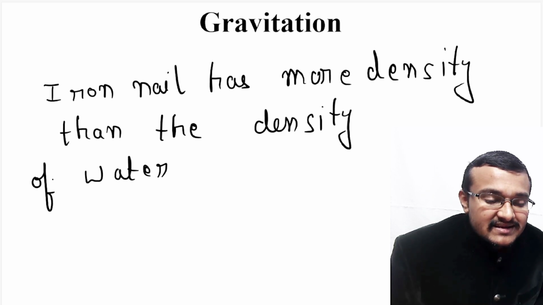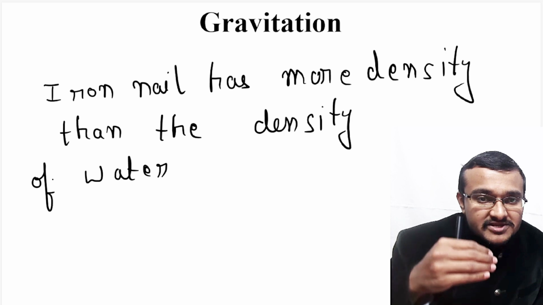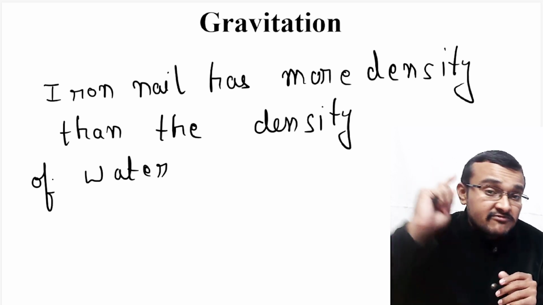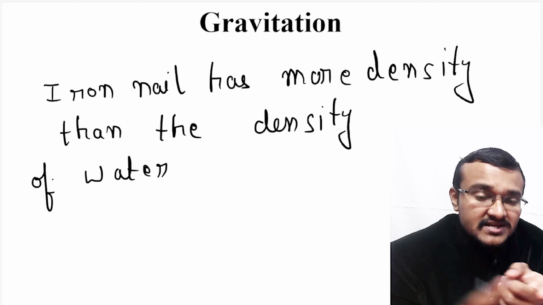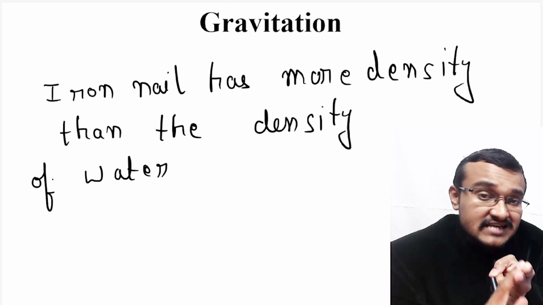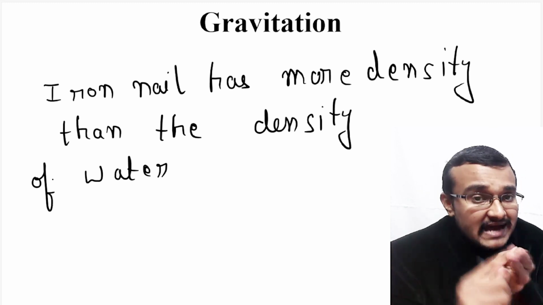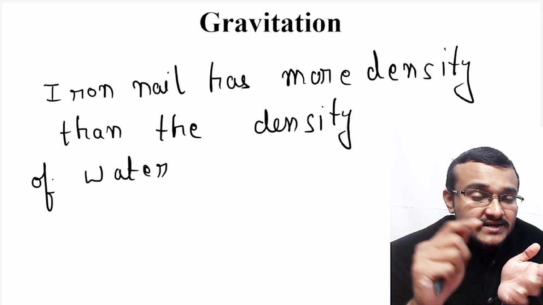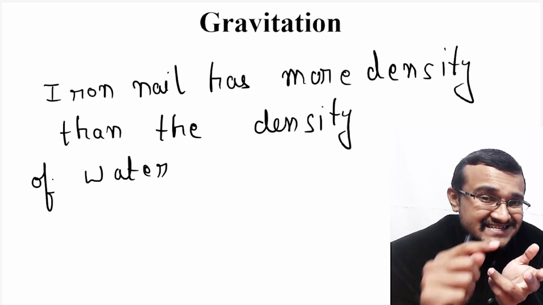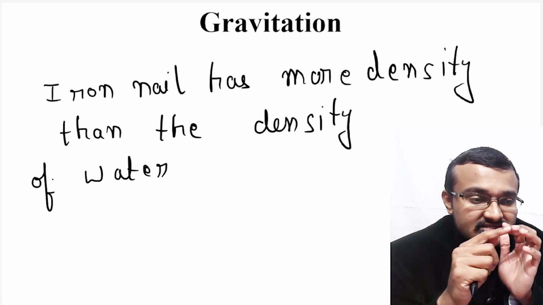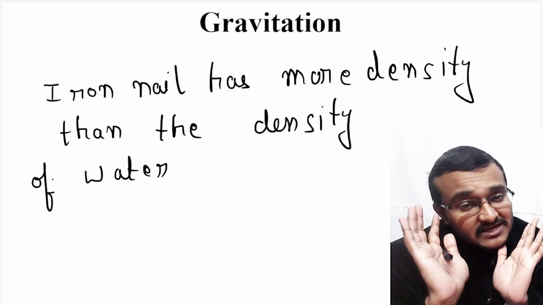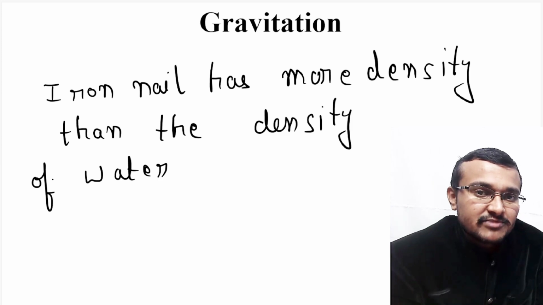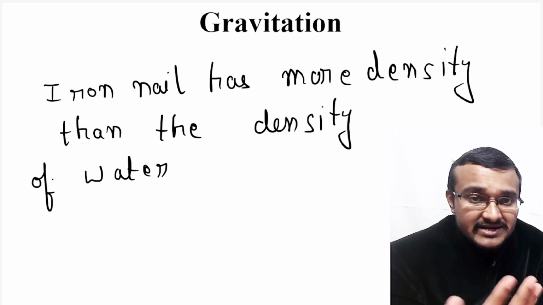Hence the iron nail can easily overcome the upthrust of water and settle at the bottom of the container. Even the iron nail experiences upthrust, and the rubber cork also experiences upthrust of water, but iron has more density, hence it settles down in the container, but the rubber cork has less density compared to water, hence it remains on the surface of the water. Based on this principle, all ship designing can be done.